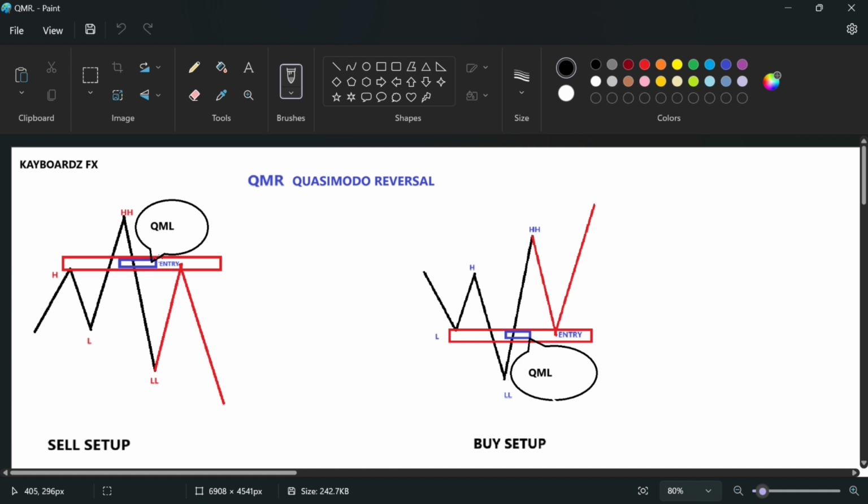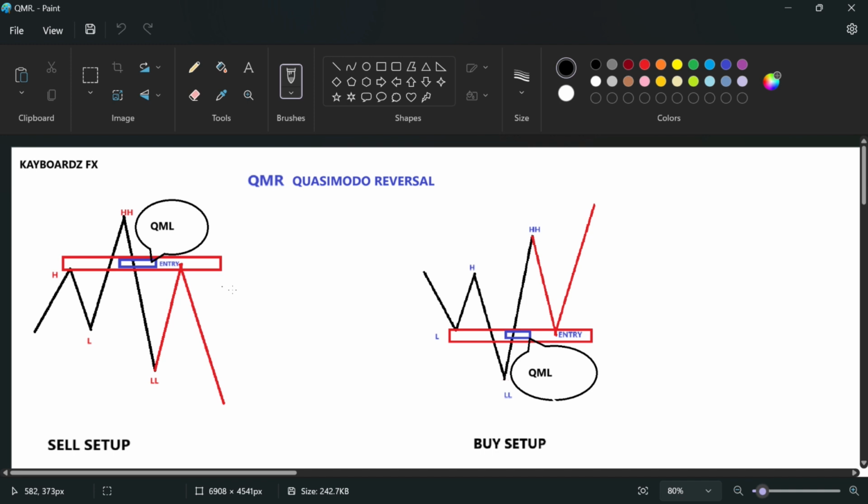So basically they are just representing the QML, which is the Quasimodo level, and which is also your entry point. And don't forget, your entry point is always on a straight line with the first high. For a sell setup that is your QML. So the QM level is the level at which you are entering for your trade.